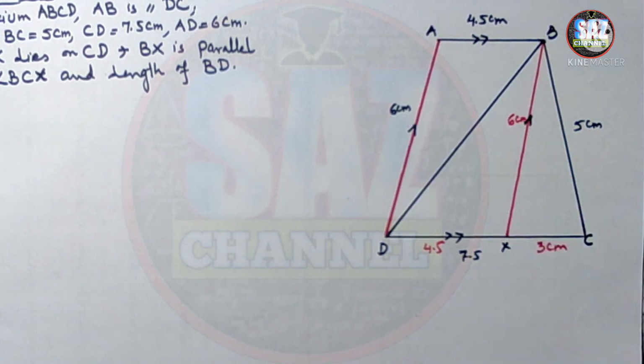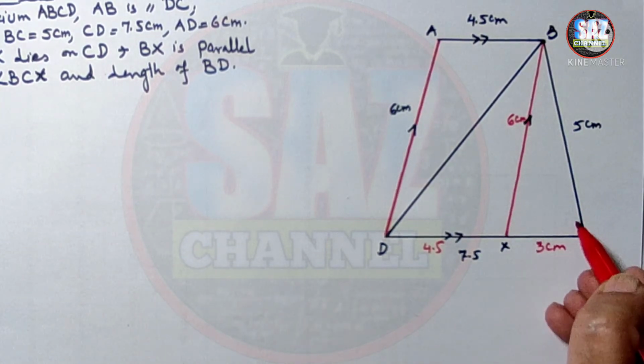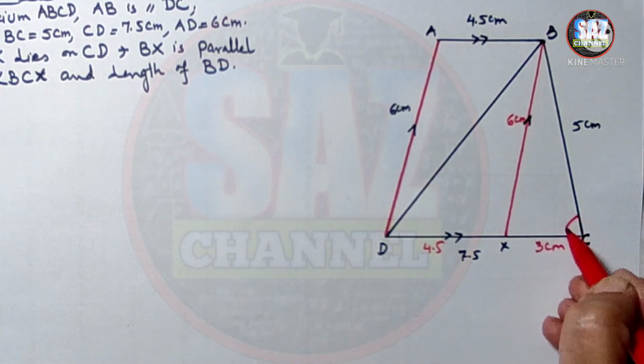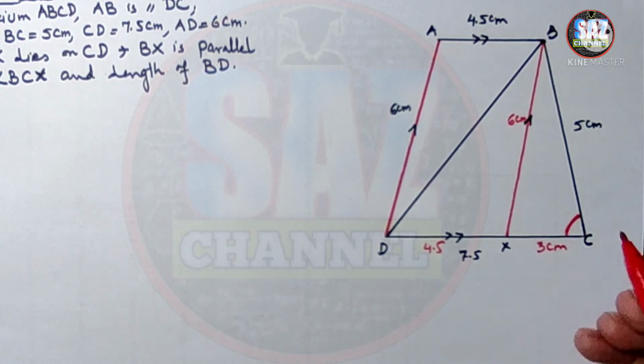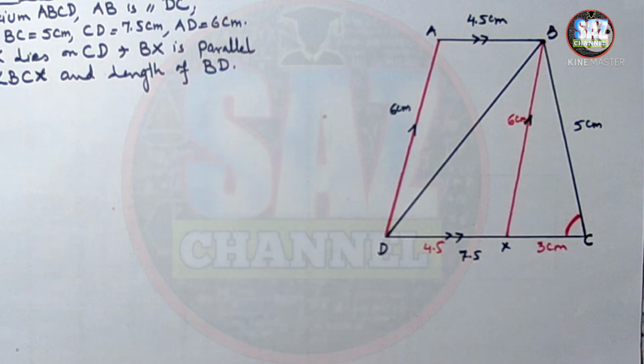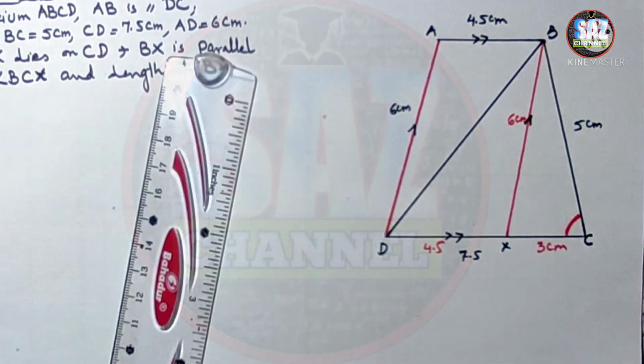Now let's talk about the actual requirement of the question. The first requirement of the question is the BCX angle. So for BCX angle, we actually have to take the triangle BCX. Let me draw the figure here so that my students can understand the working easily.